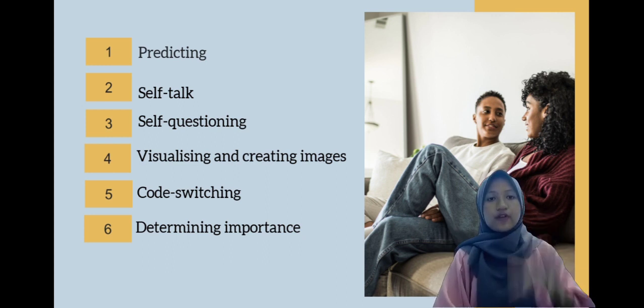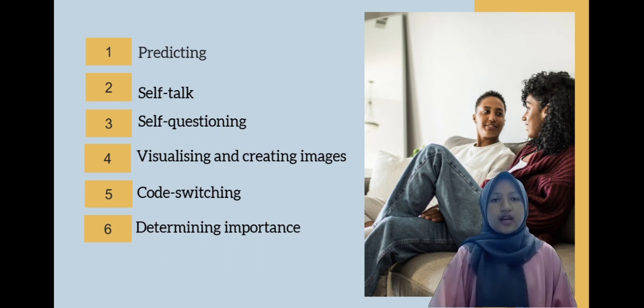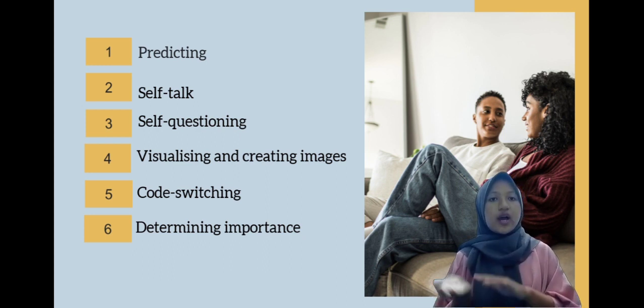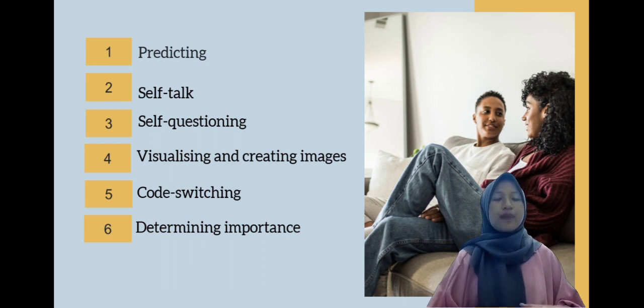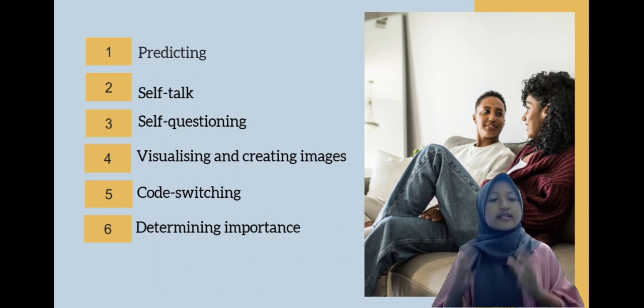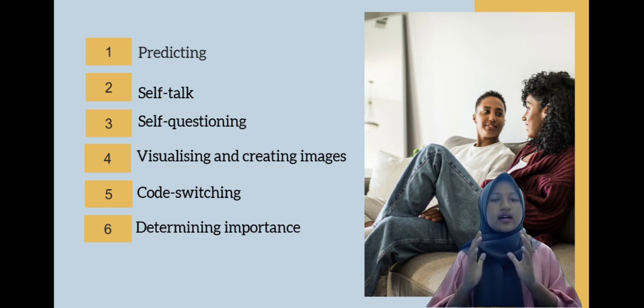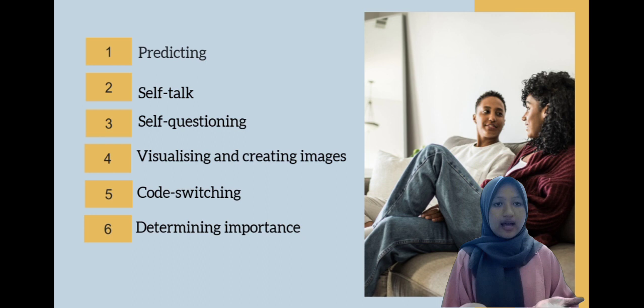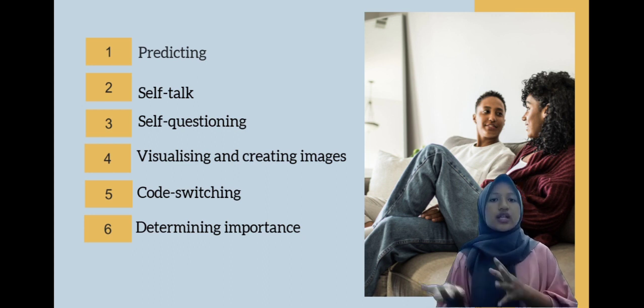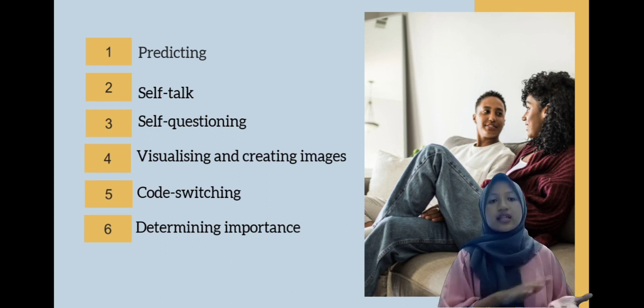Strategy number 5, code switching. Code switching can be used by a speaker to help the listener better understand what they're talking about. Usually, the speaker talks in the second language and then switches into the first language. For example, when English teachers explain the material in the class, sometimes they switch from English into the students' native language.